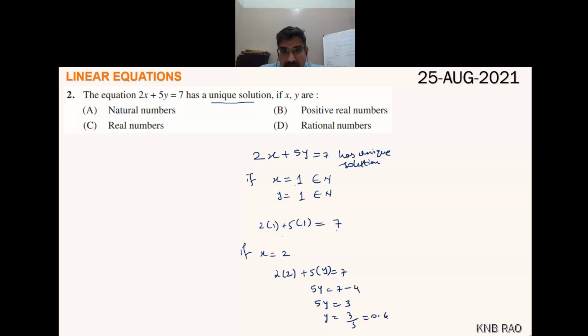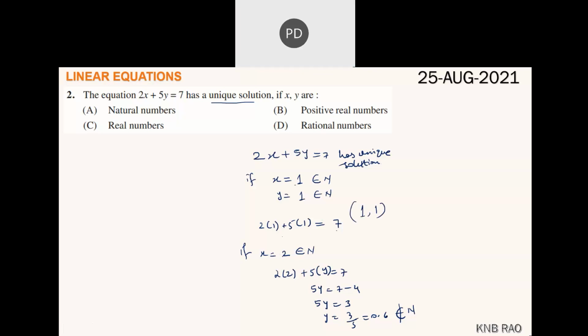That means this y value doesn't belong to the natural number set. Though x belongs to the natural number set, y does not. Okay? If x and y are natural numbers, then it has only one solution, 1 comma 1. If any one of x or y is other than 1, such as any natural number you consider, then the other variable will not belong to the natural number set.